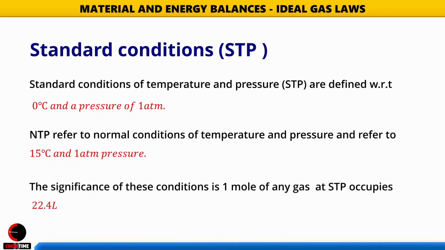The significance of these conditions is 1 mole of any gas at STP occupies 22.4 liters. And this condition of 1 mole of gas occupying 22.4 liters at STP can be used for calculating the mass flow rate that we'll see as we go along our presentations.